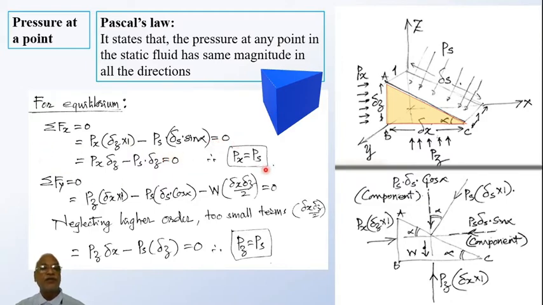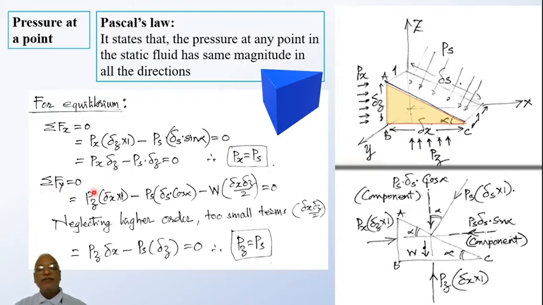Again from the geometry, this length is delta s and this is alpha. That's why the opposite side, delta s sine alpha, is nothing but delta z. So that is substituted here, and it cancels off, giving a final result of px equal to ps.